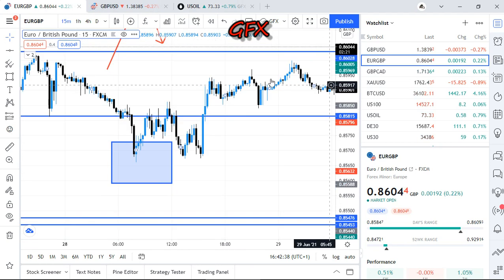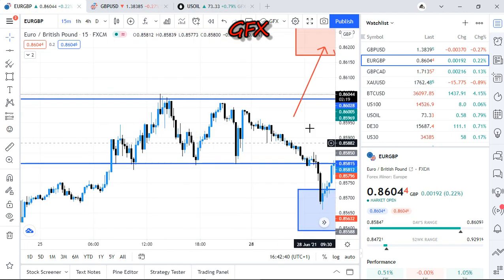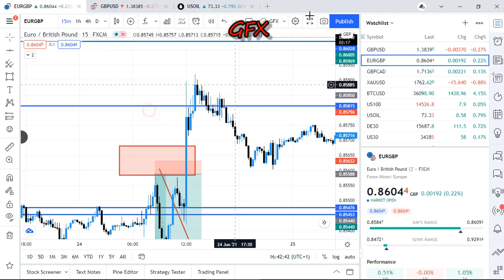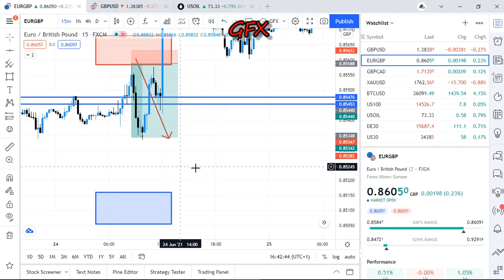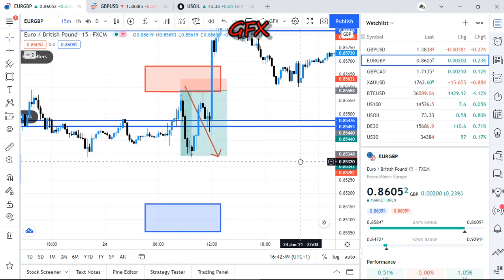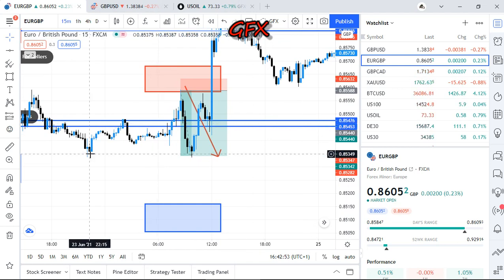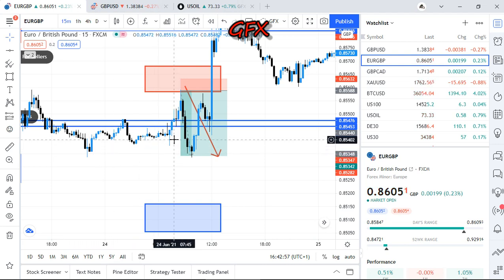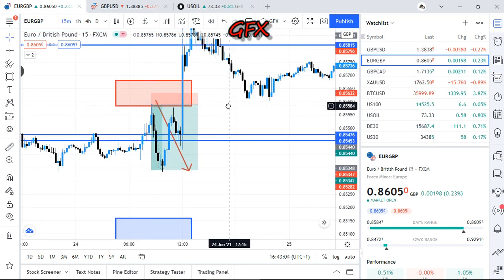So let me just go to a good setup on Euro GBP. This is a very nice setup. Early in the morning, before the day fully begins, let's say from 4 to 6 o'clock or even before that, I've given the coordinates.